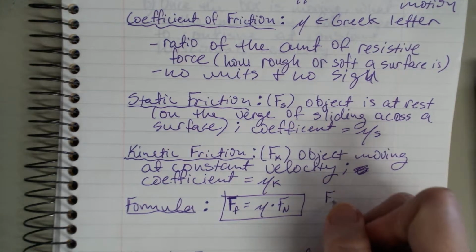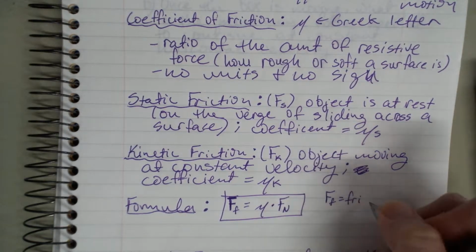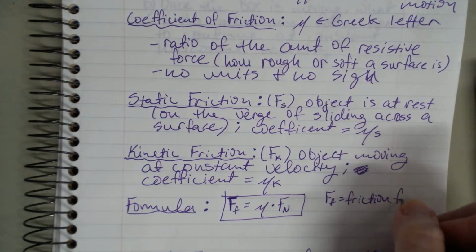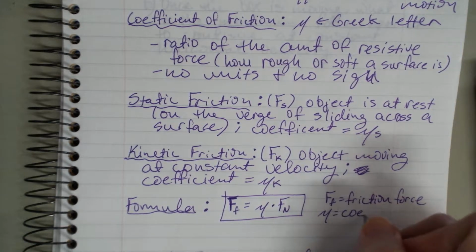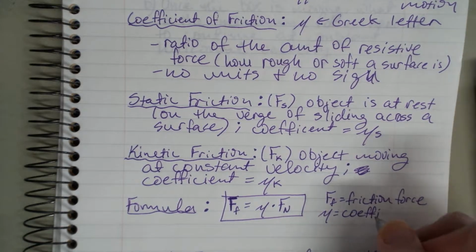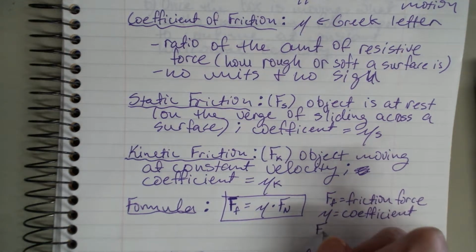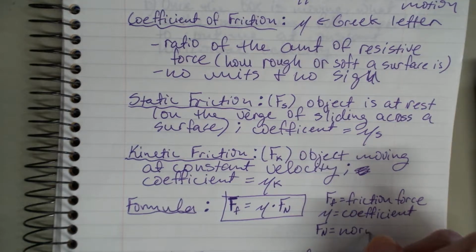Ff equals frictional force, mu is the coefficient of friction, and Fn is the normal force.